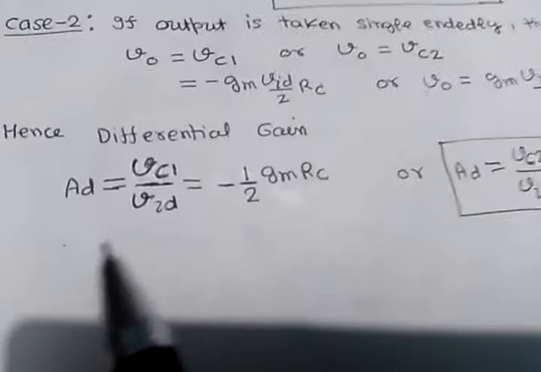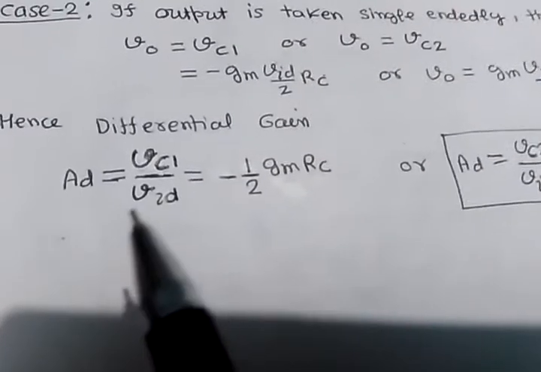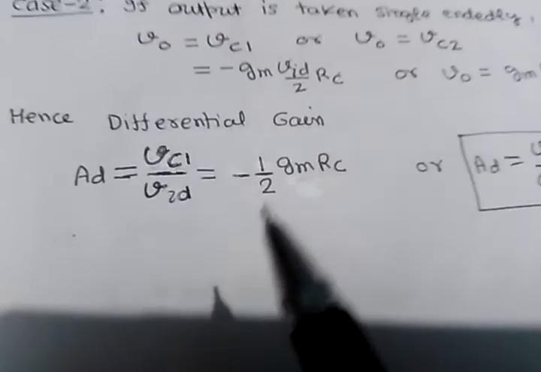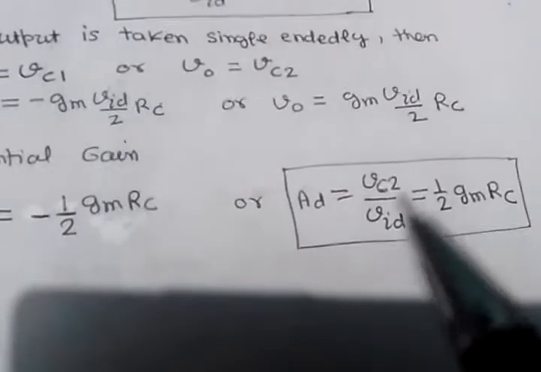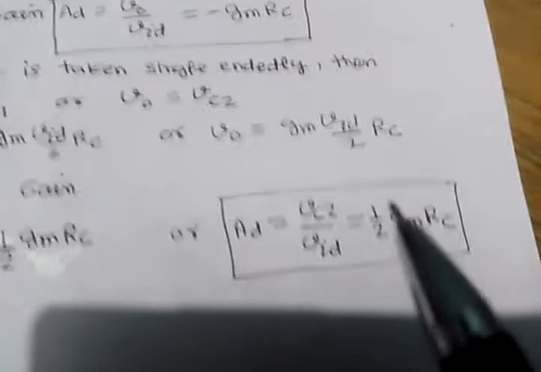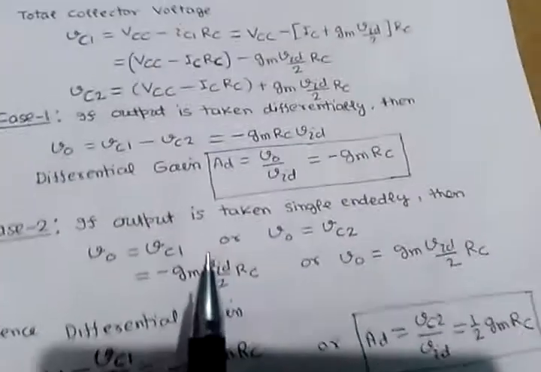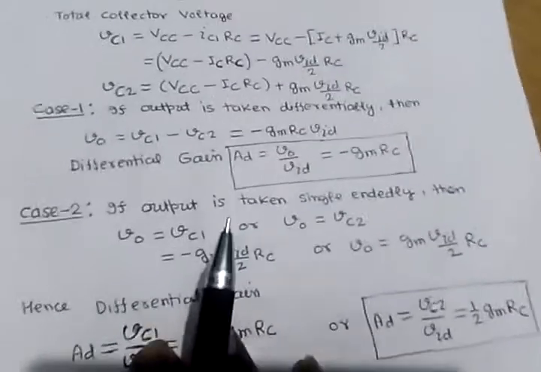So differential gain will be AD equals VC1 upon VID equals minus 1 by 2 gm RC. If we take output at the collector of Q2, then differential gain will be AD equals VC2 upon VID equals 1 by 2 gm RC.